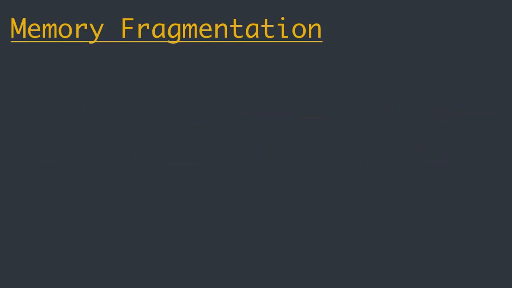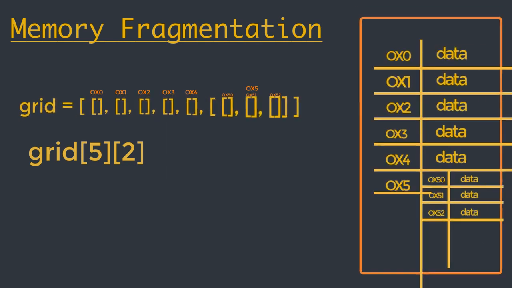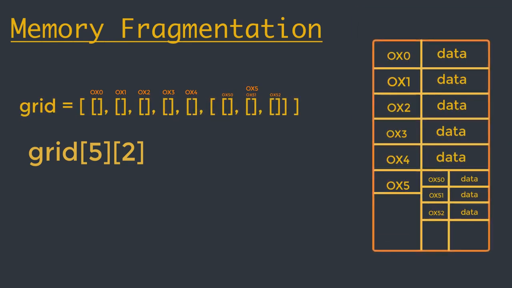For example, doing grid[5][2] requires us to first do a list lookup for index 5 on the list grid. This will return a pointer to where the data at the location is stored. Then we need to do another list lookup on this returned object for the element at index 2. Once we have this reference, we have the location where the actual data is stored.